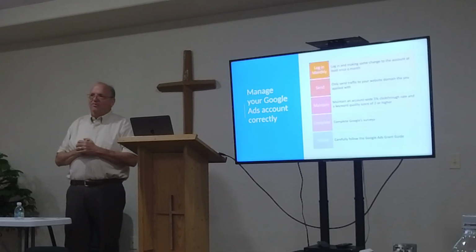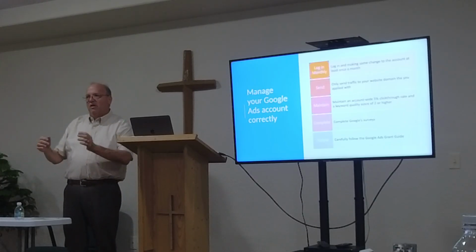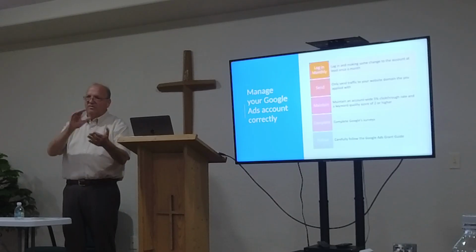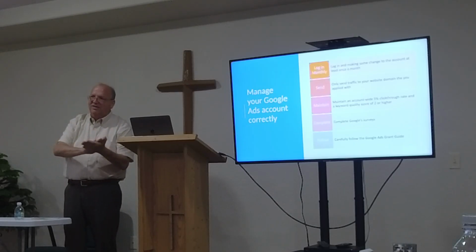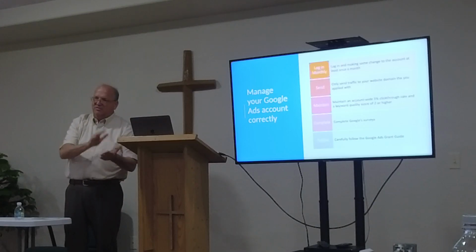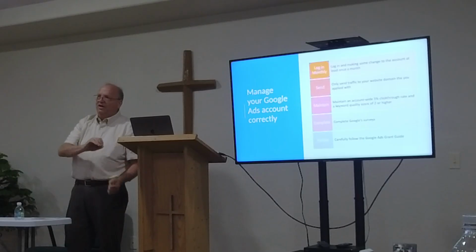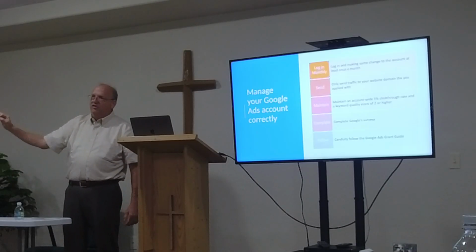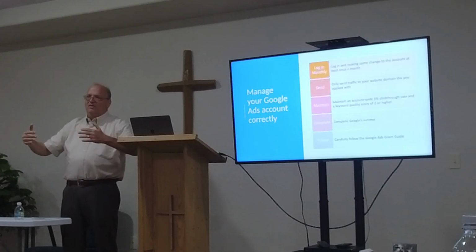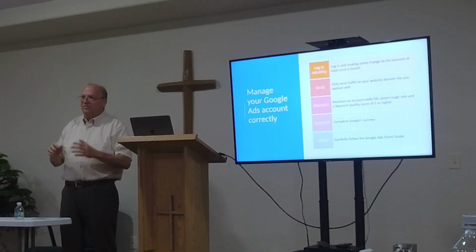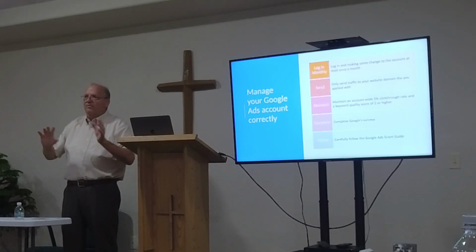And that score is based upon relevance. The keyword that you're using to trigger the ad needs to be relevant to what the ad actually says, and then relevant to what's actually on the website page that they're going to land on. It's called a landing page. So if you use the phrase "find a church near me" or "church near me," then in the ad itself, it's good to have the phrase "click here to find a church near you," or "search for churches in your area," something relevant to that.